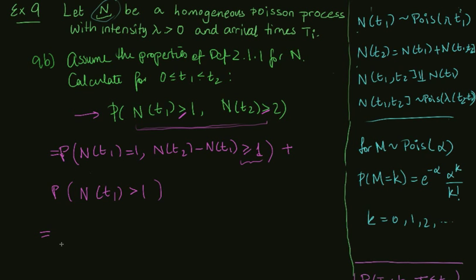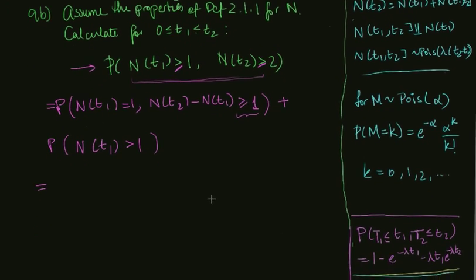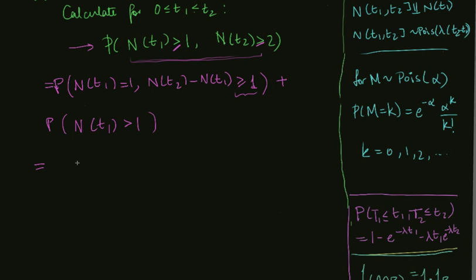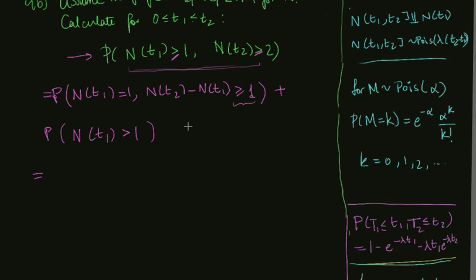Now, what do we have for the next step? We can take a look at what we recalled from the definition of the Poisson process. For the first term, we have N(t1) and then the increment from t1 to t2, and the increment is independent from N(t1).